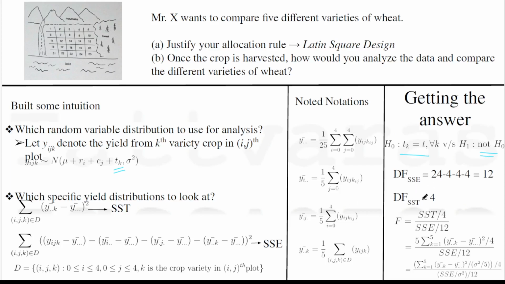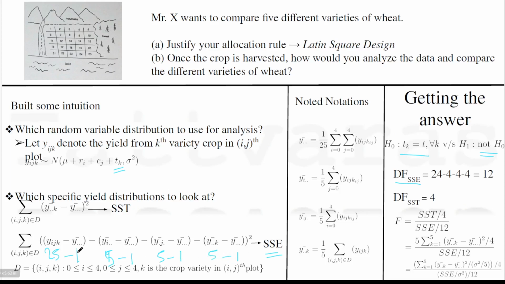We would have to have the degrees of freedom associated with the error sum of squares. And it is quite intuitive. You have 25 such observations and one grand mean, so that's 25 minus 1. You have 5 rows and one grand mean, so 5 minus 1. 5 columns, one grand mean, 5 minus 1. 5 varieties and one grand mean, 5 minus 1.